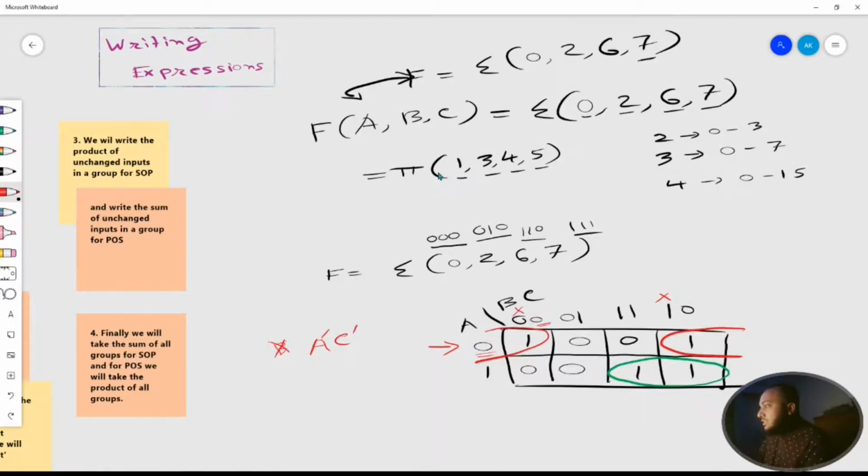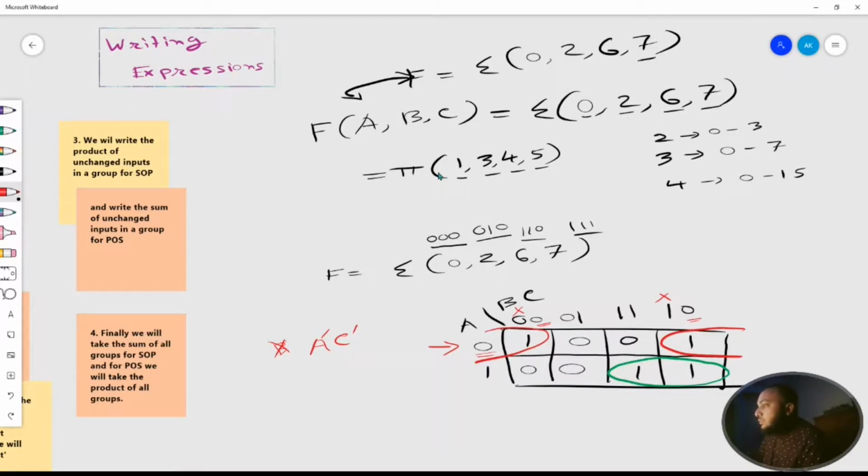But C hasn't changed, it has remained 0, so we will take C prime. If the unchanged C was 1, we would take C, as we are doing for the SOP form.